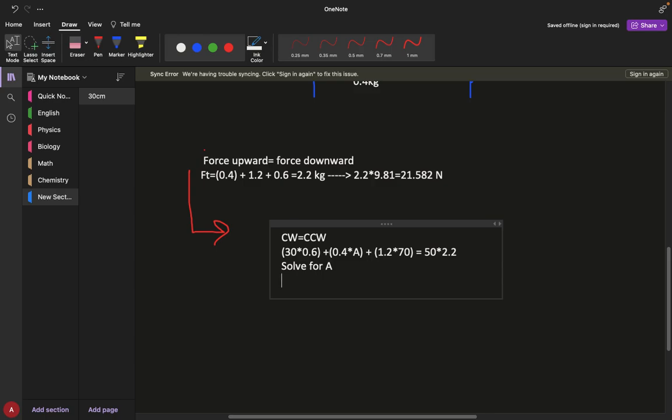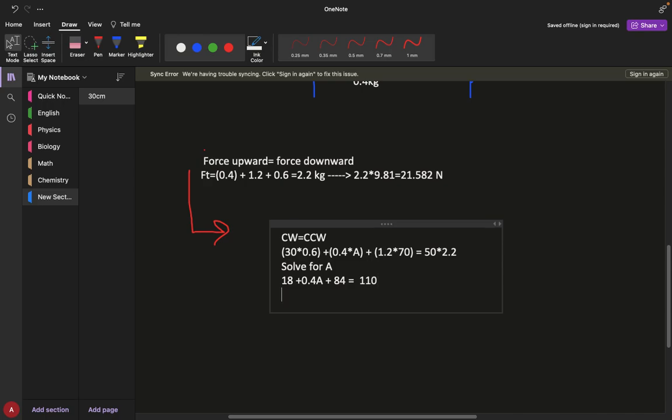So 30 times 0.6, that's 18, plus 0.4 a plus 1.2 times 70, that's 84, equal 50 times 2.2, 110.